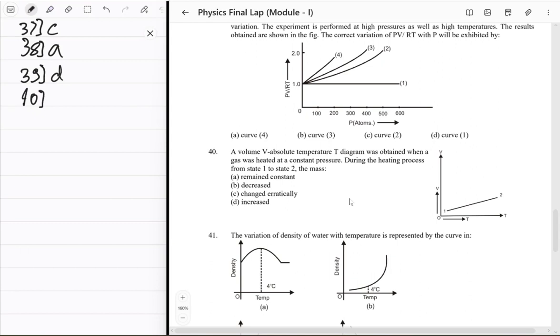Assume it's an ideal gas. So then PV equals nRT, right? You say constant pressure, so V is proportional to temperature, of course. The slope indicates what n is, so mass does remain constant. Next question, 41.